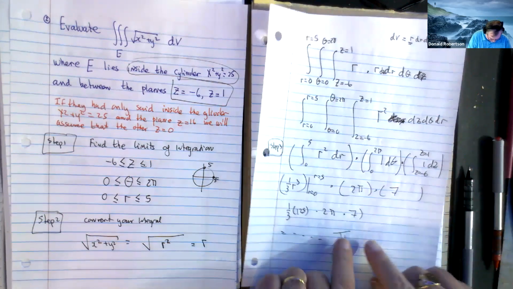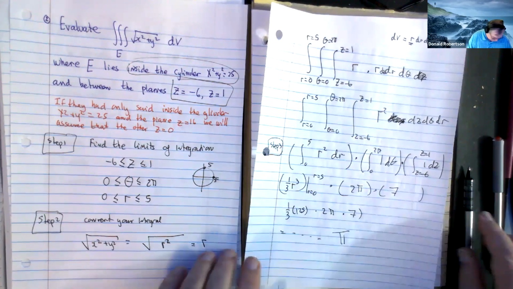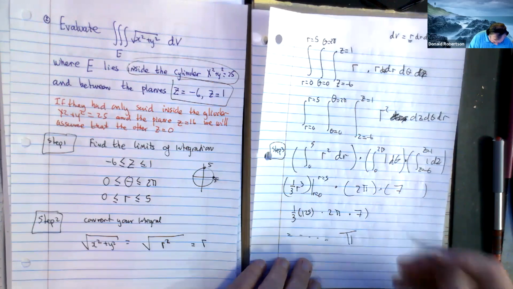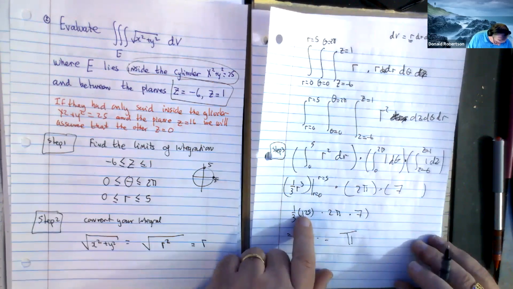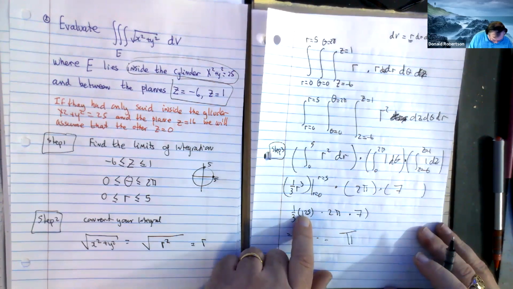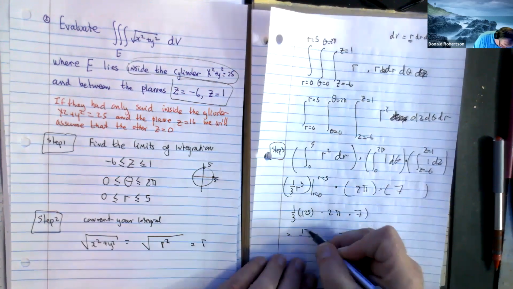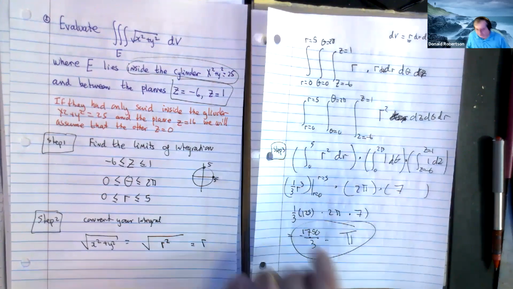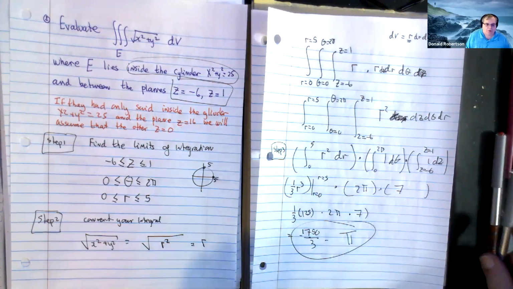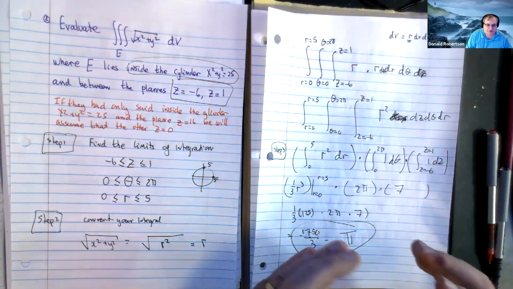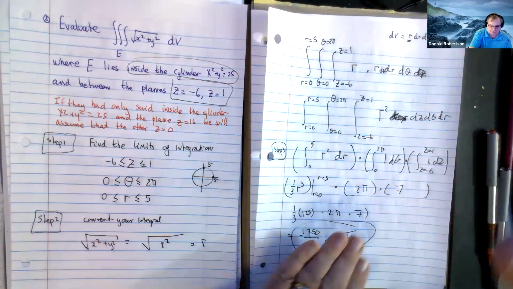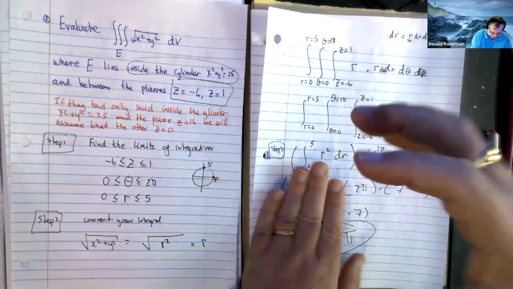Now, if you're wondering what this thing is, which is what is 7 of these? What's 7 250s? 1,750 thirds pi, right? So if you wanted to know what this number is telling you, I want you to imagine that you've got a solid cylinder. So z goes from -6 to 1, so it's up here and it's a big cylinder.